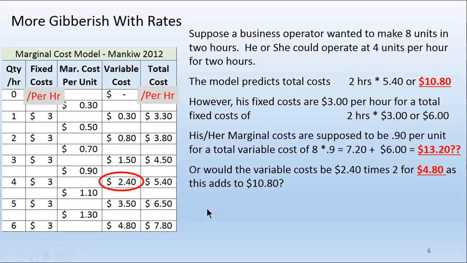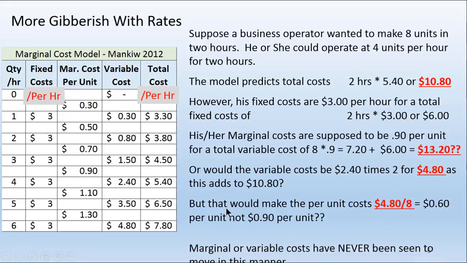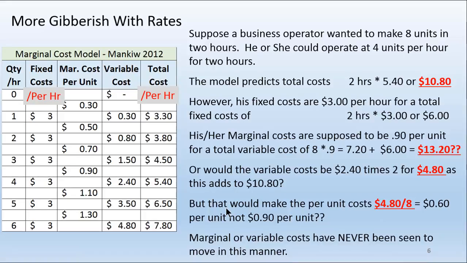Okay? It's not. Something's odd here. So the other thing is, if you took that $4.80 and divided it by the 8 units produced, you get 60 cents, not 90 cents per unit. Marginal or variable costs have never been seen to move in this manner. This spreadsheet is just something to confuse students with.